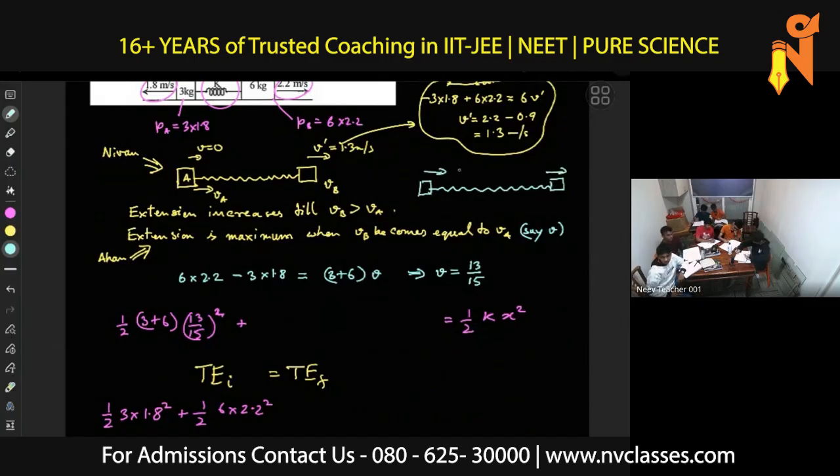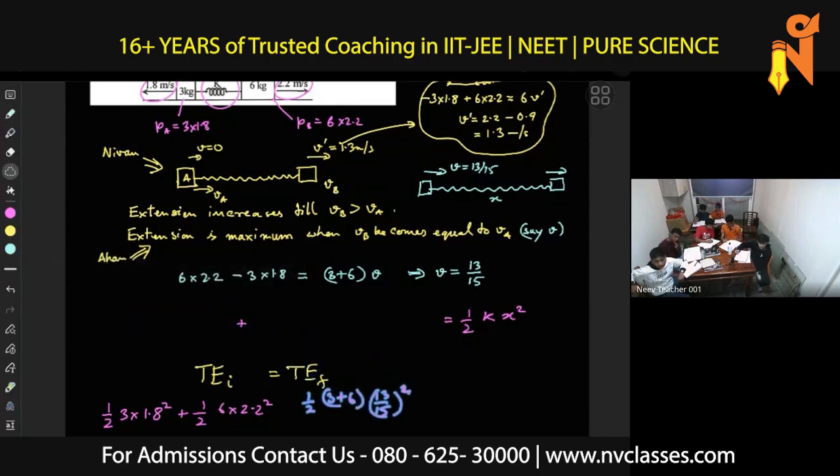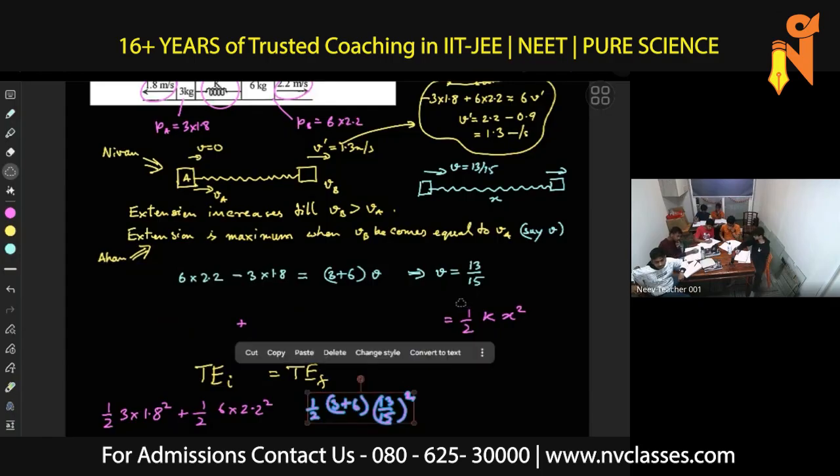V velocity. And the spring has extended by x. What is the energy at this moment? I don't even care what happened earlier. At this moment, what is the energy? Half into 9 into 13 by 15 squared plus half kx squared. Yes, sir.